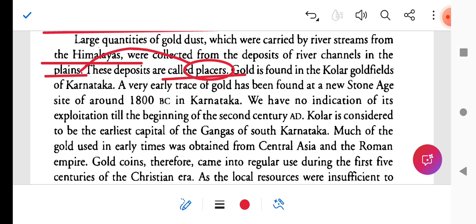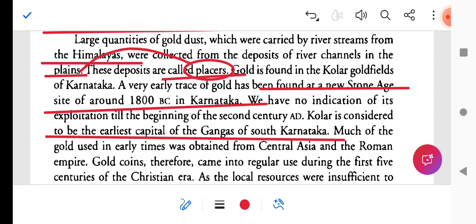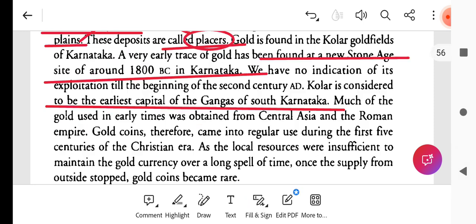Okay, gold is found in the Kolar gold fields of Karnataka. Very early traces of gold have been found at a Neolithic site of around 1800 BC in Karnataka. We have no indication of its exploitation till the beginning of the 2nd century AD. Kolar is considered to be the earliest capital of the Gangas of South Karnataka.